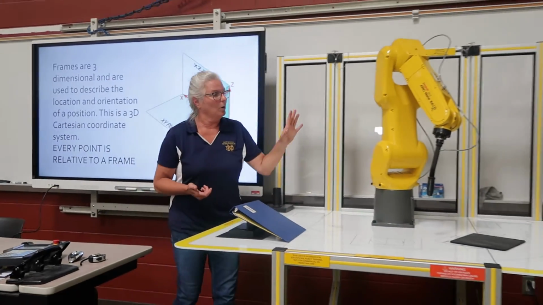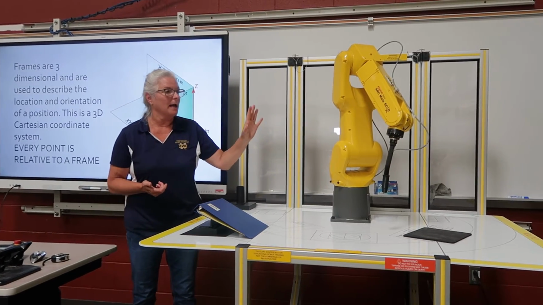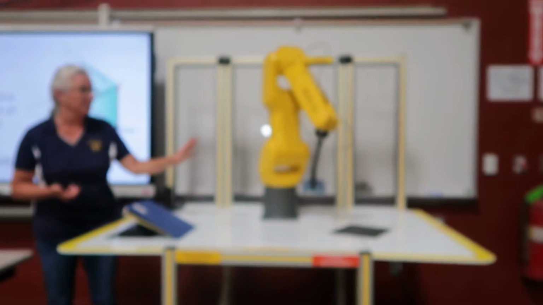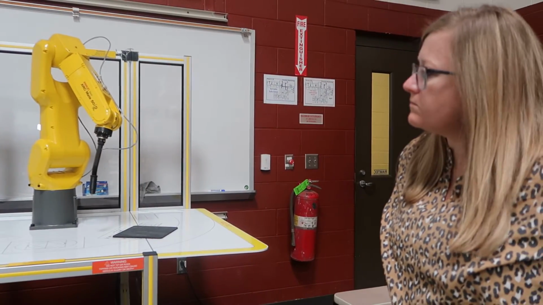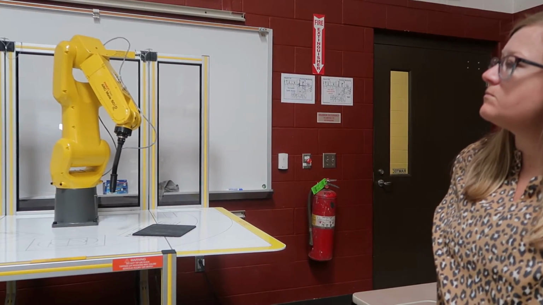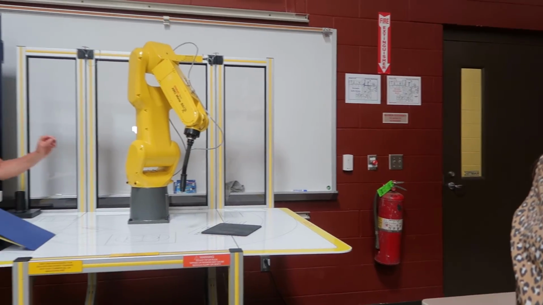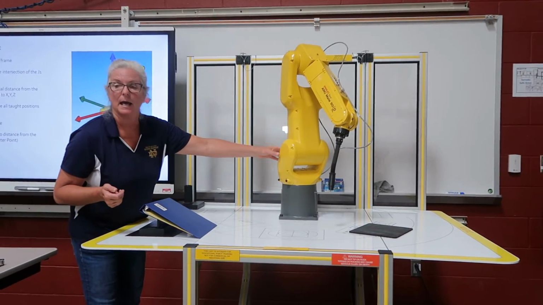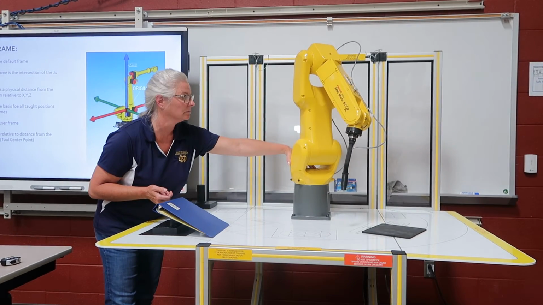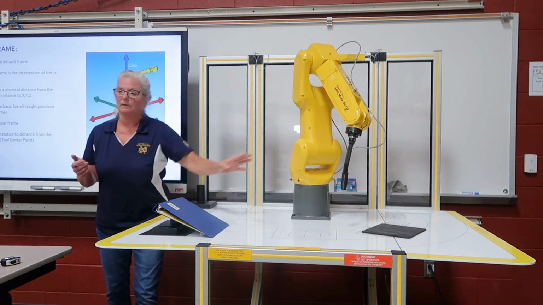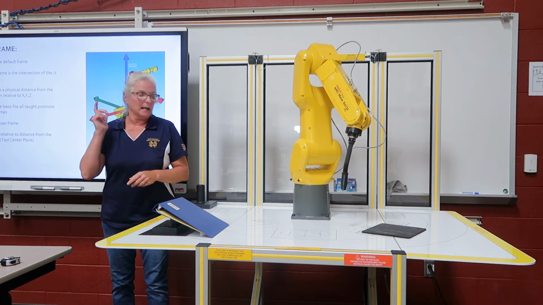Now, on my robot, I have a default frame called the world frame. The world frame has an origin at the intersection of the J1 and J2 axis. So there's my origin. A rule of thumb that we use is called the right-hand rule.